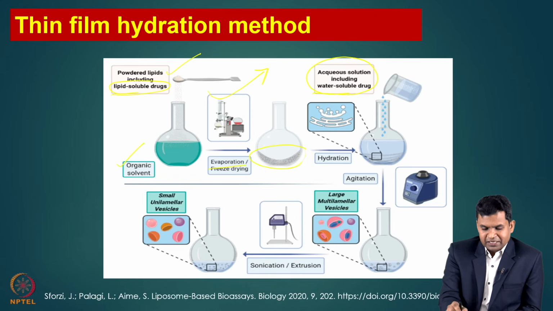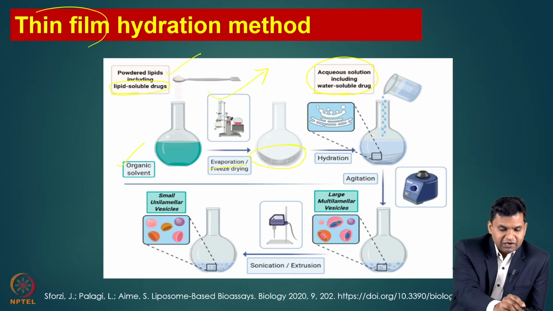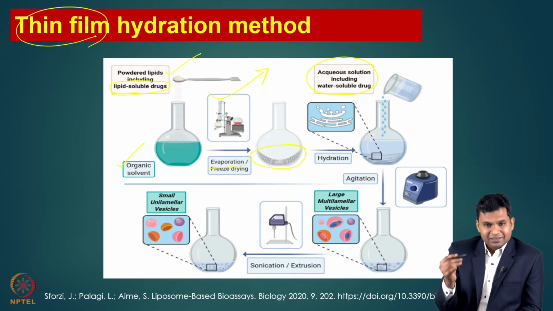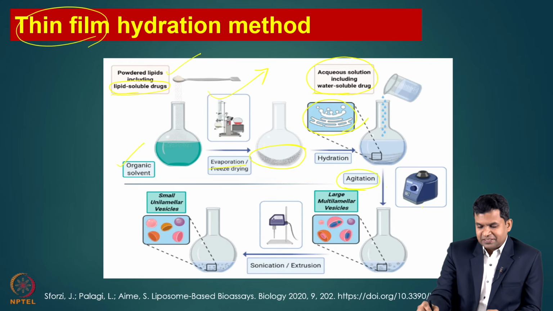You need to make a thin film after drying the solvent, then you can hydrate your thin film with water or any aqueous system, and after that you do agitation by simple mixing or by vortexing.